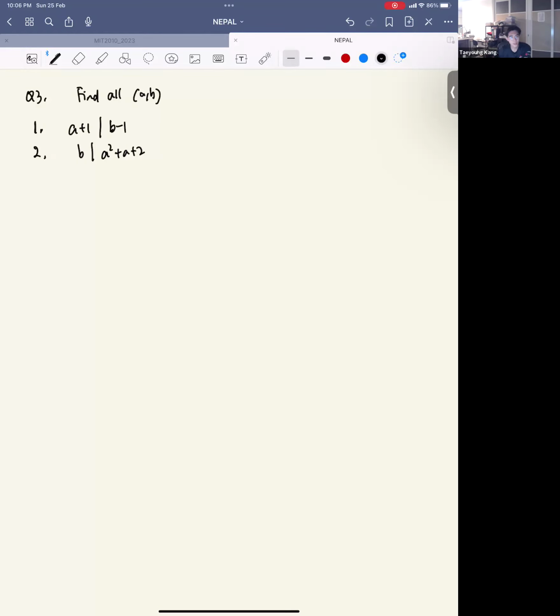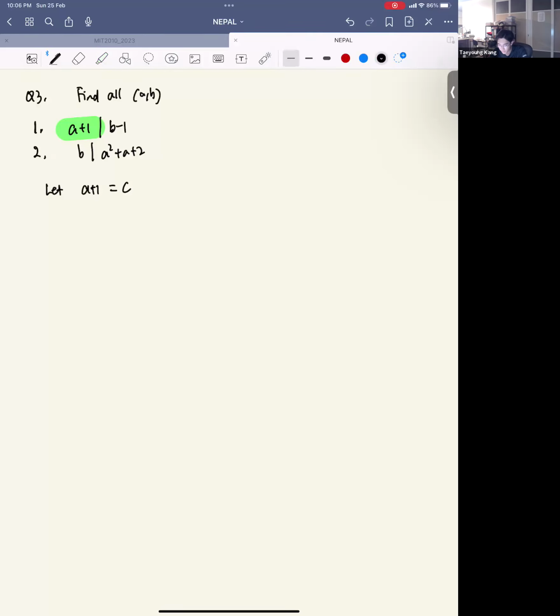But before we start doing that, one thing that we might want to do is letting A plus 1 be C. You don't really have to do it, but it's easier to work with and manipulate, because you want the divisor on the left hand side to be some nice expression so that you can manipulate it more easily later on.